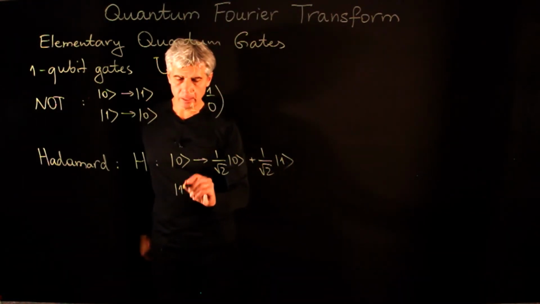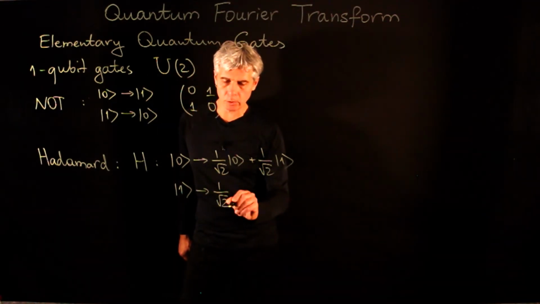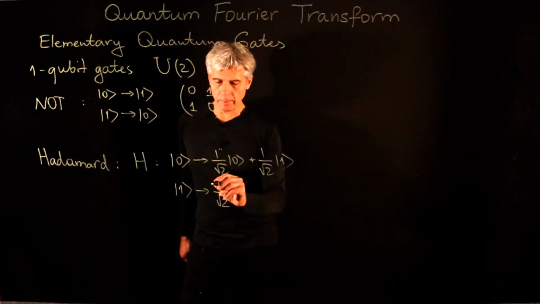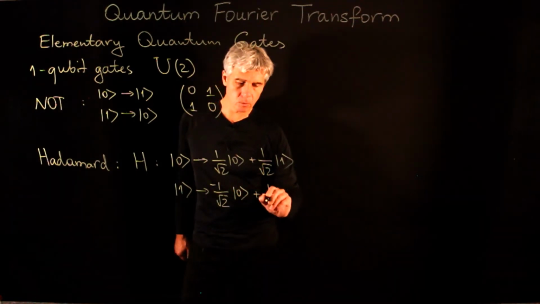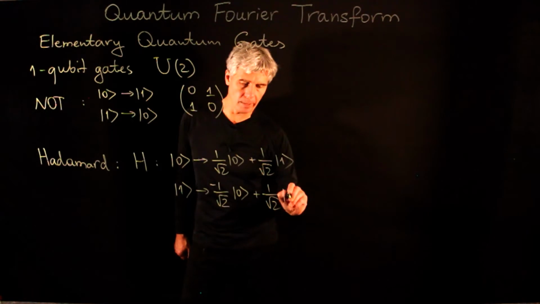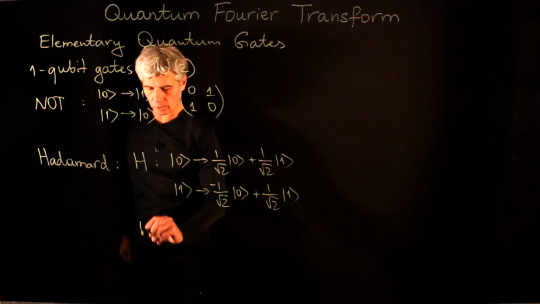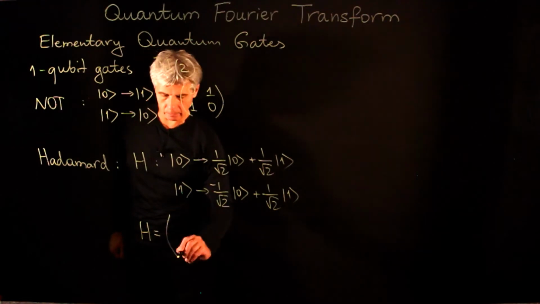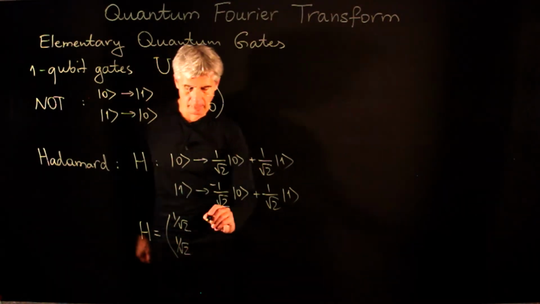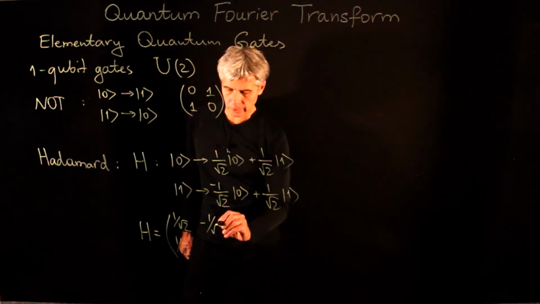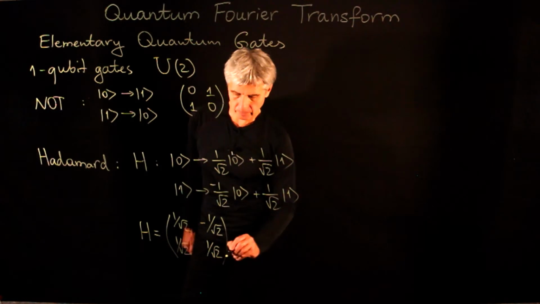And 1 is being sent to minus 1 over square root of 2 times 0 plus 1 over square root of 2 times 1. And so the matrix of H is 1 over square root of 2, 1 over square root of 2, minus 1 over square root of 2, and 1 over square root of 2.